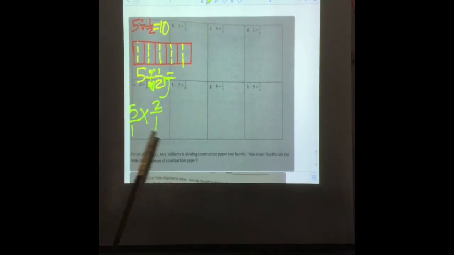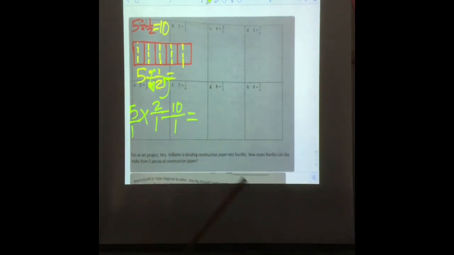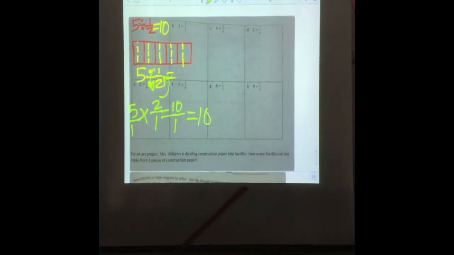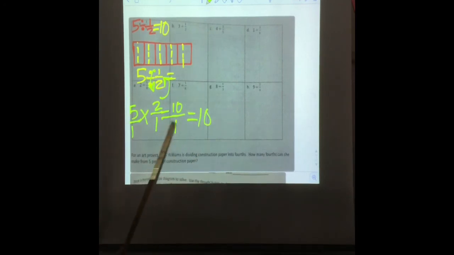We had that earlier in the year. So what is this going to equal? 5 times 2 is 10. 1 times 1 is 1. What's 10 over 1? Or if you like to think of it, 10 fingers is 10, right?